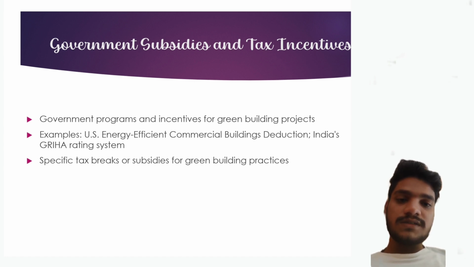These incentives reduce the implementation cost of green building practices, making it more attractive for developers and property owners to build sustainably. In rural areas, the government provides farmers free solar panels, which is very low cost to the farmer.